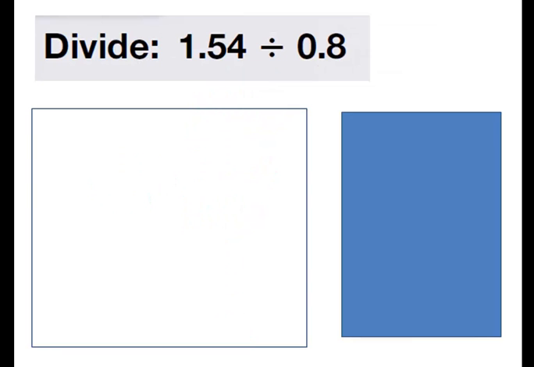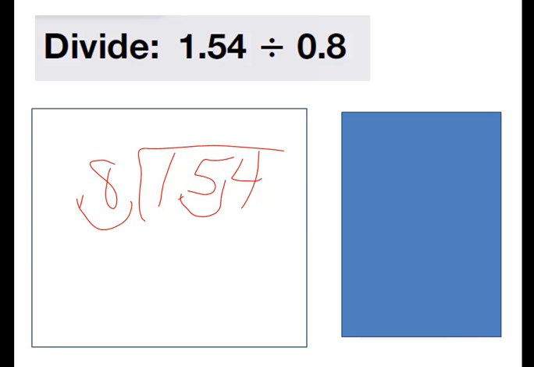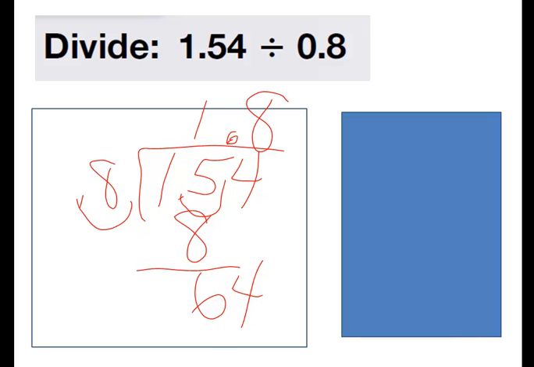Okay, let's do another one. Come on, see if you can get it done before I do. 1.54 divided by 0.8. Bring my point over. Put it up here so I don't forget. 8 goes into 15 one time, with 7 left over. 8 goes into 64 8 times.